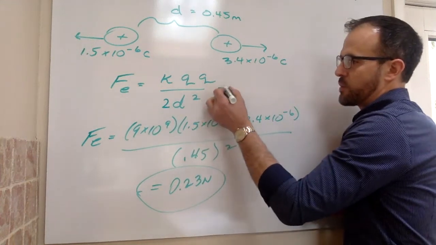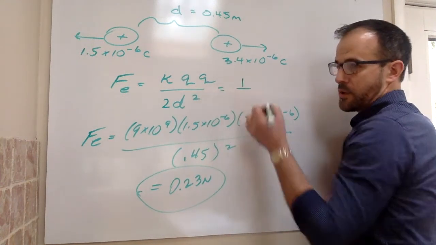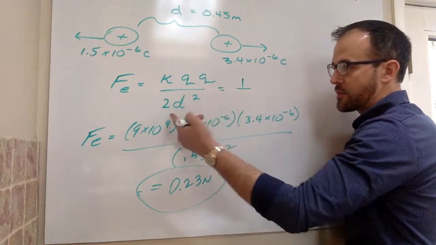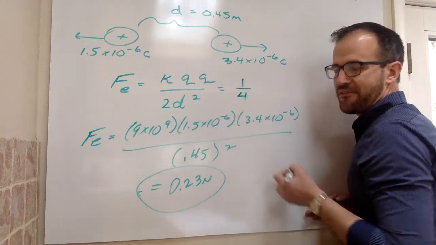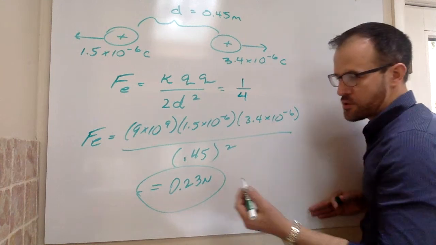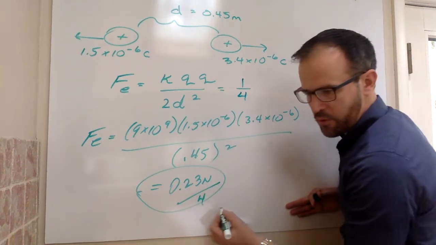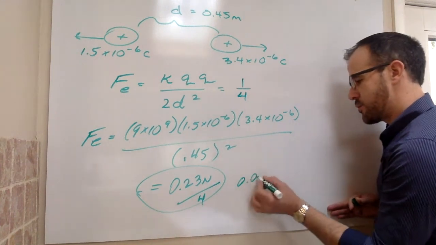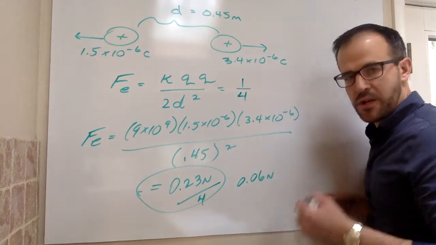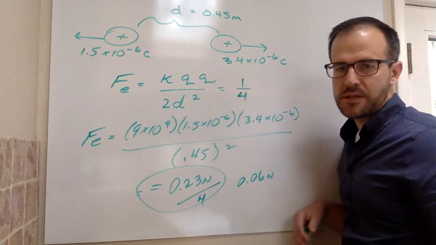So really you would be doing nothing to the top, or really multiplying it by 1. The bottom, the 2 would get squared, so you would have a fourth of what it was. So you could take this and divide by 4, which is, of course, 0.6 newtons then. So you're going to get weaker if you double the distance.